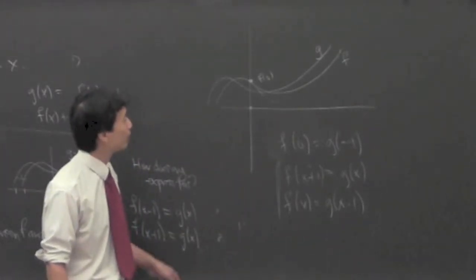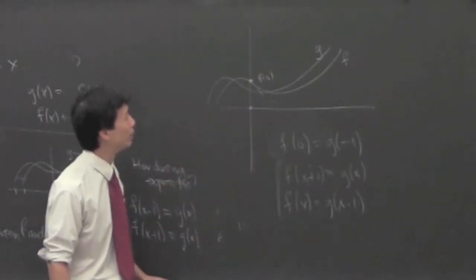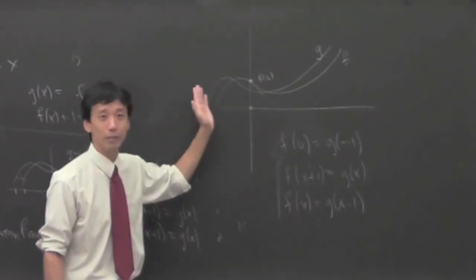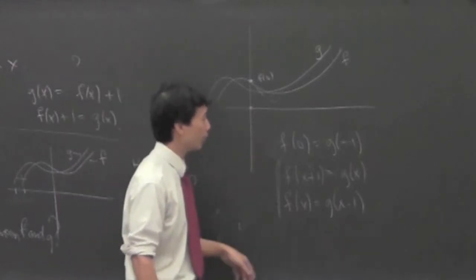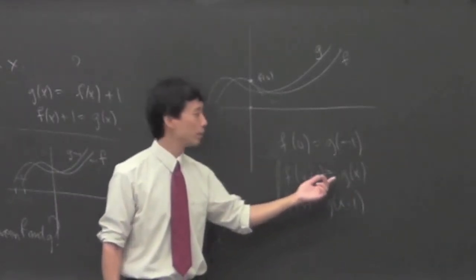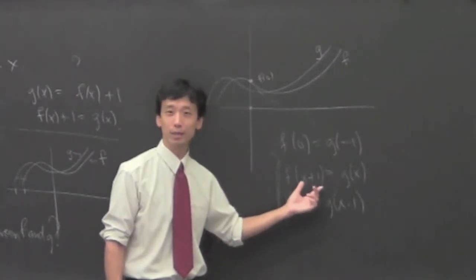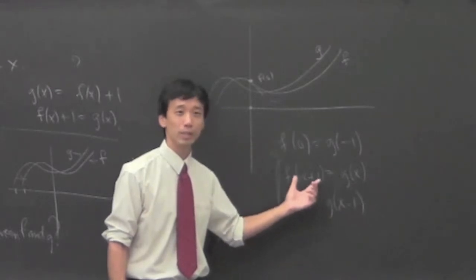So the way I think about it is in terms of time: whatever g is doing, it's doing 1 second ahead of time. G is doing it 1 second before f does it, right? When g attains a value, f will attain the same value, but 1 second later. G at time x will give you the value that f takes 1 second later.